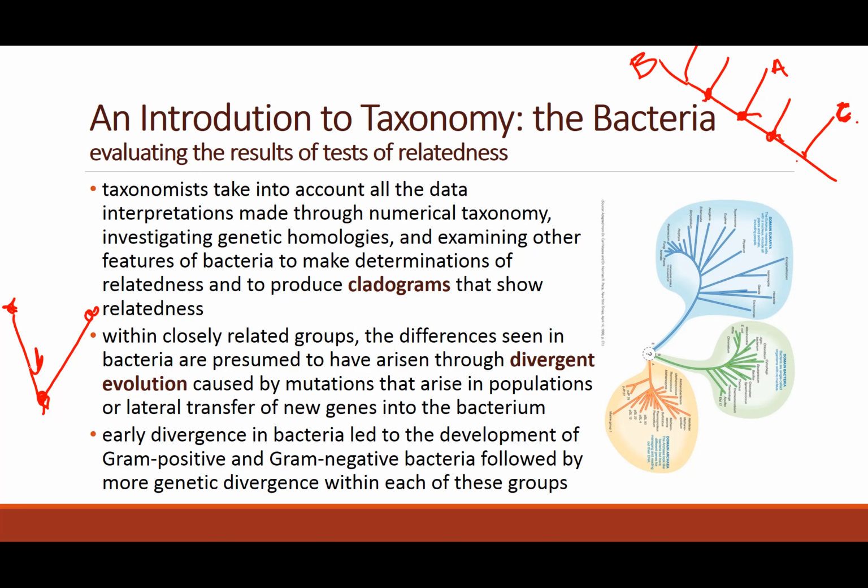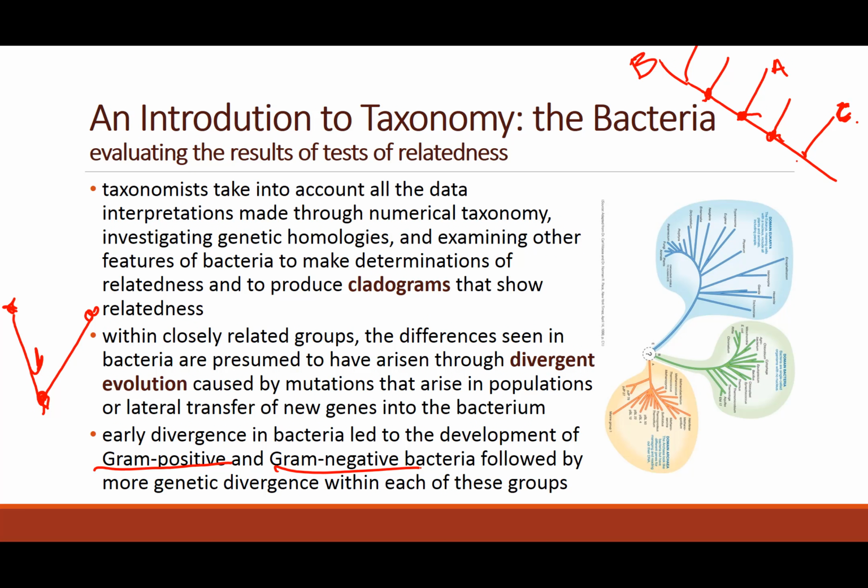And we call that divergent evolution, when two new species evolve from a common ancestor. And so some of the early divergences that we can build into the evolution of bacteria is the development of gram positivity and gram negativity. So the differences in the cell wall that surrounds the bacteria. That was an early divergence.